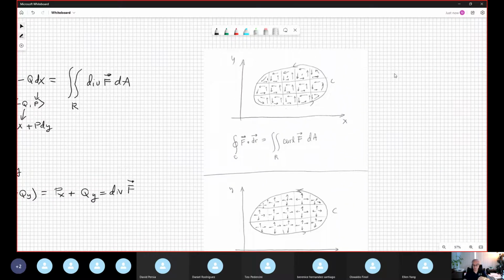So for example, in this sketch, you can see the first version of Green's theorem. In this case, the line integral is circulation. Entonces, double integral of the one scalar function, que es the curl, dA.